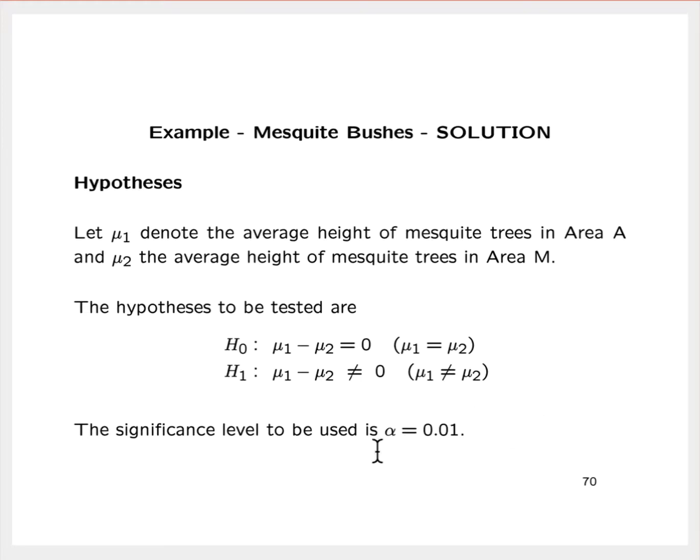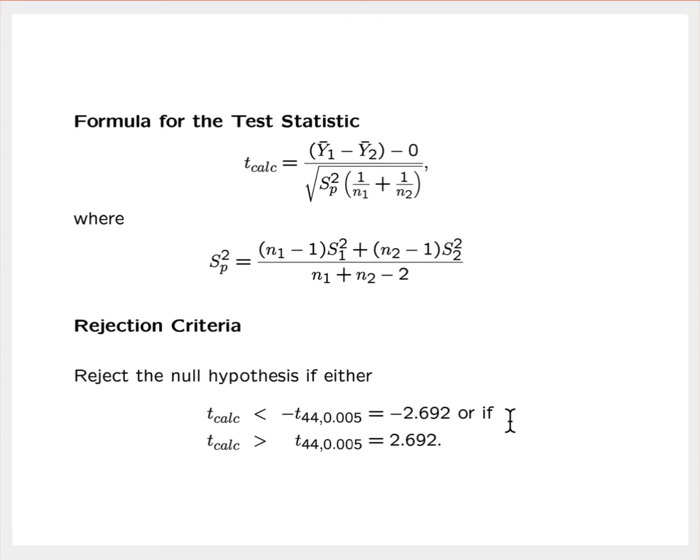So we need to divide that alpha, that significance level, by 2, 0.005, and we're going to put 0.005 probability in either tail. So the lower critical point is negative 2.692, and the upper critical point is positive 2.692. So we're going to reject the null hypothesis if t-calc is either less than negative 2.692 or greater than positive 2.692.